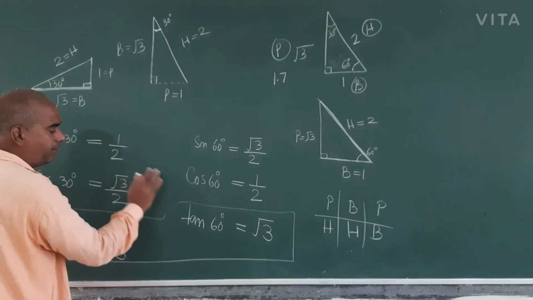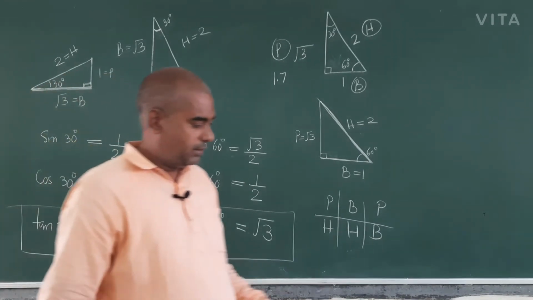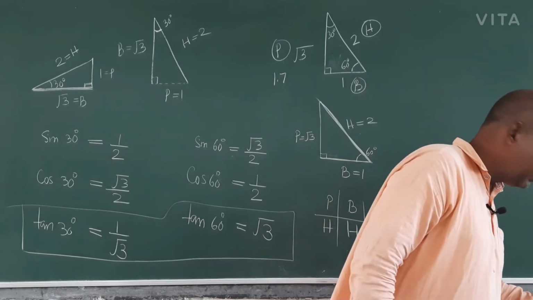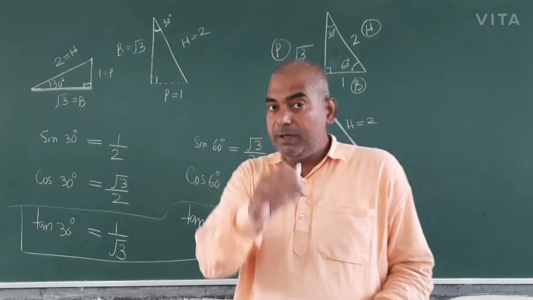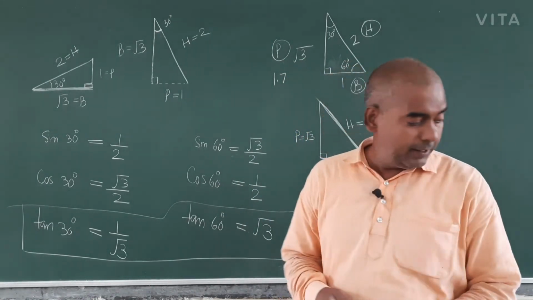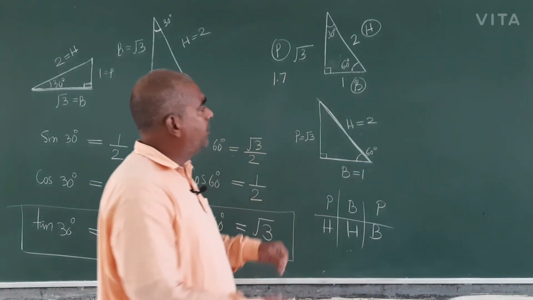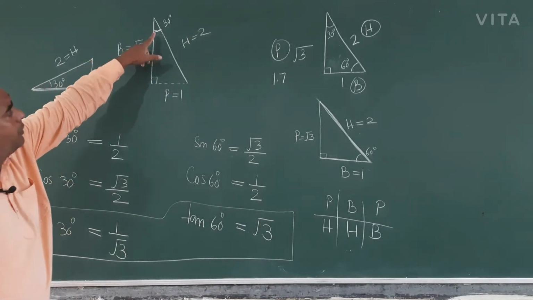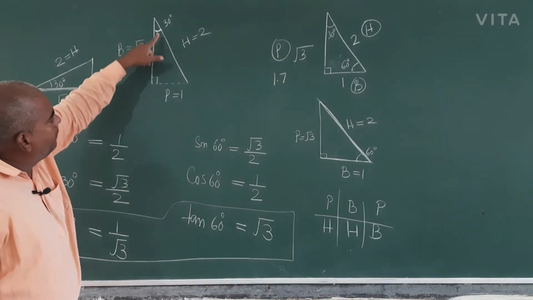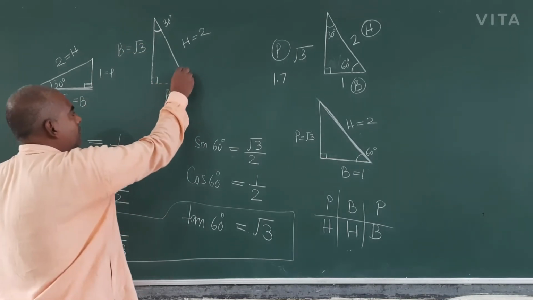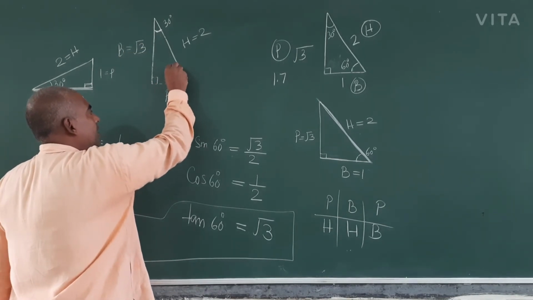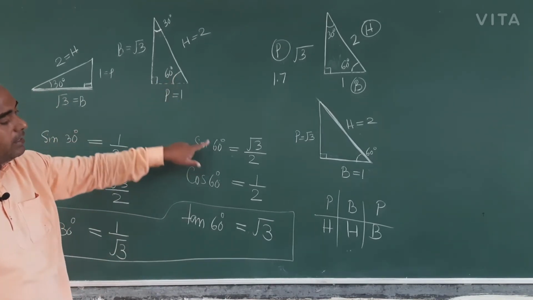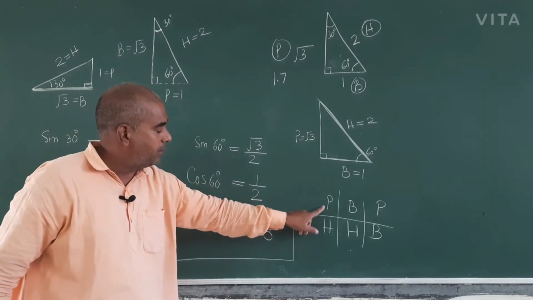So actually, we have a figure. You will see this in chapter 8.3. It's very easy. In the same figure, if you take sin 60, it is perpendicular by hypotenuse.